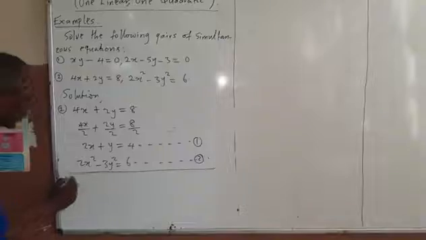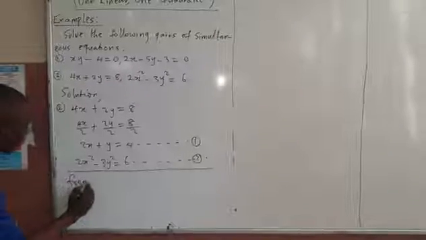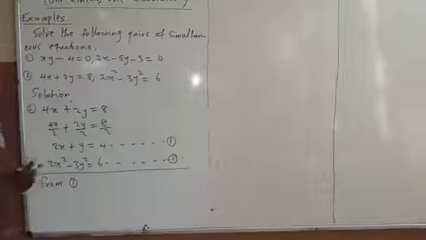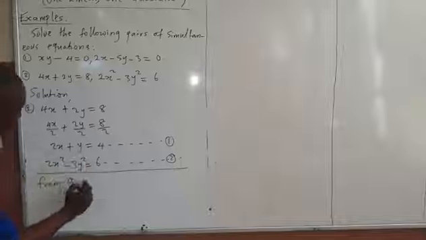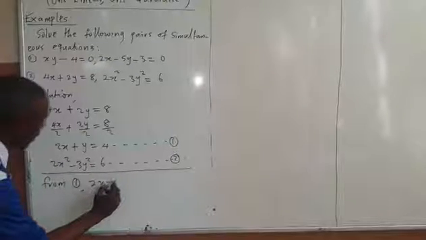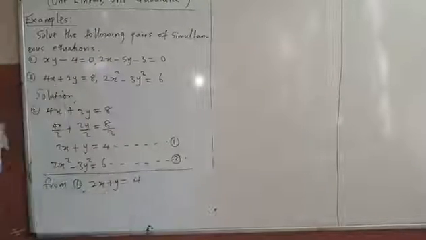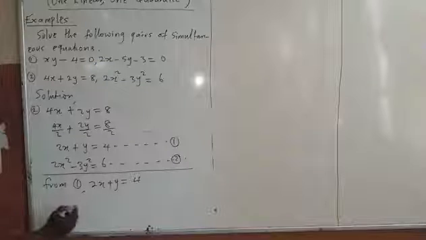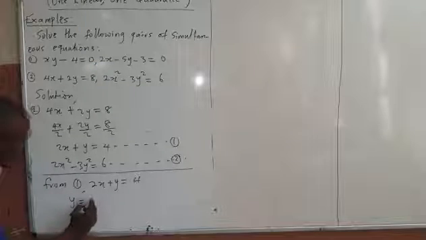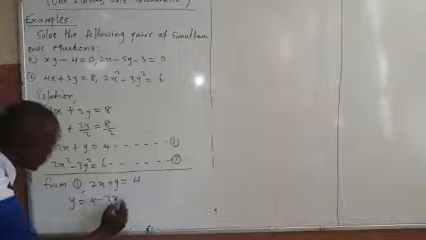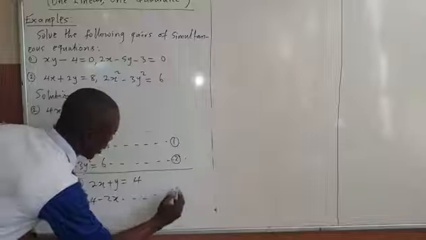So from equation 1, we have 2x plus y equals 4. So let's make y the subject of formula. So we now have y equals 4 minus 2x. So this is equation 3.